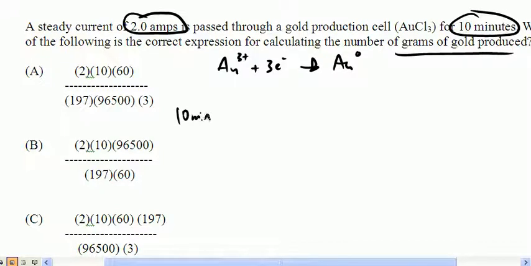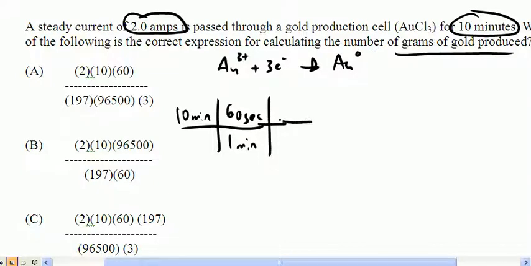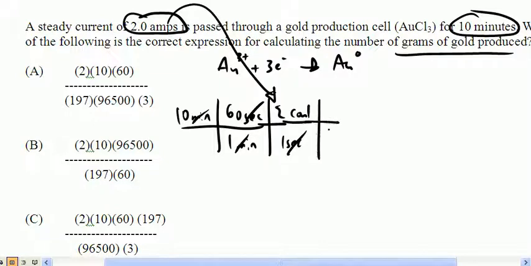So we're starting with 10 minutes, and we have to convert that to 60 seconds. And in 1 second, there are 2 coulombs, because that is the current. And we know that there's 96,500 coulombs per every 1 mole of electrons.